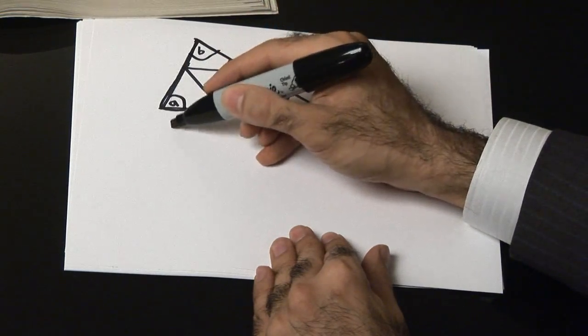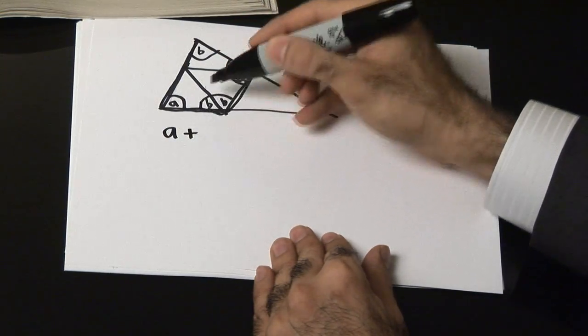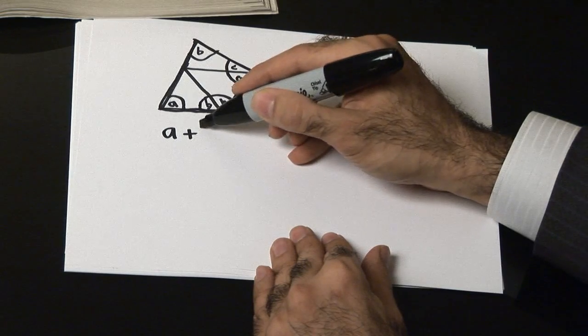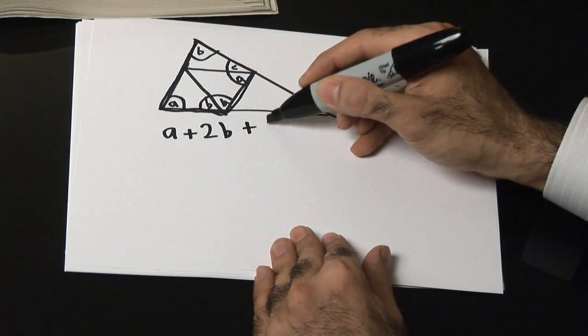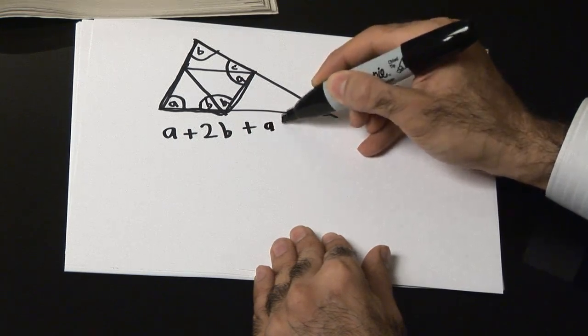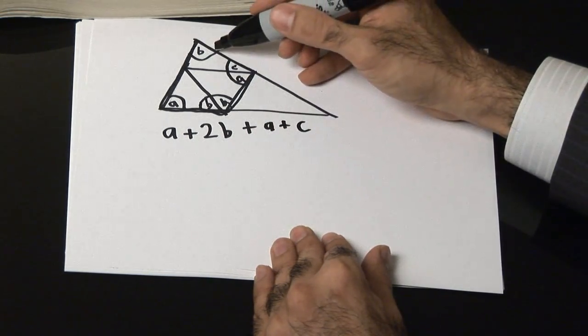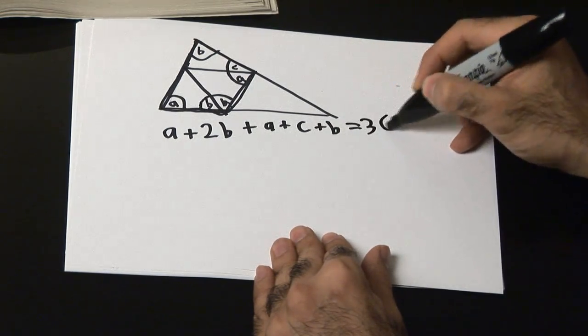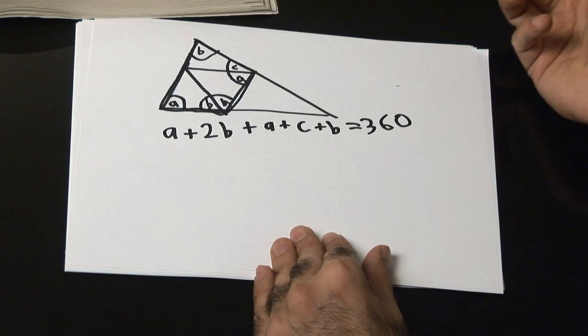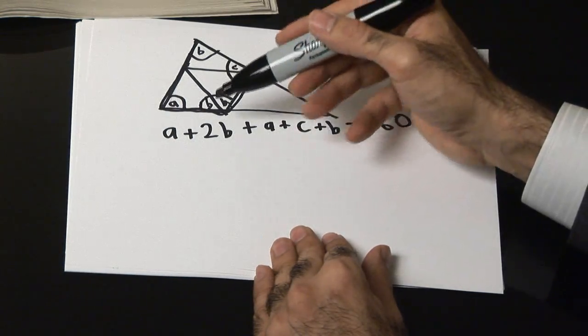In other words, A plus, now this is B plus B, right? Or just 2B, plus, this is C plus A, I mean A plus C, plus B equals 360. Now the first thing we obviously need to do is combine like terms.